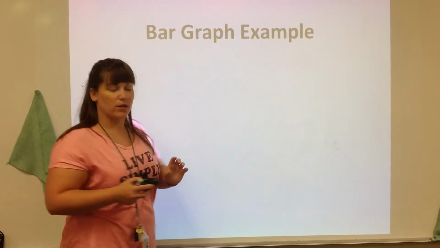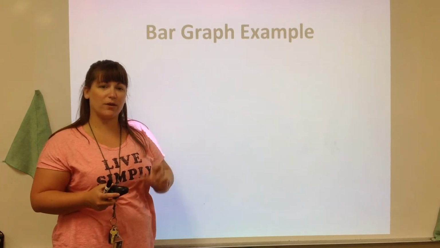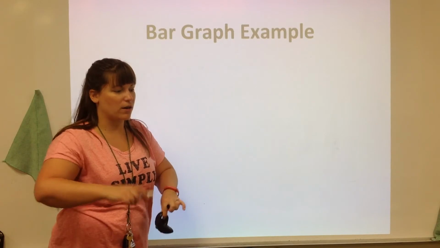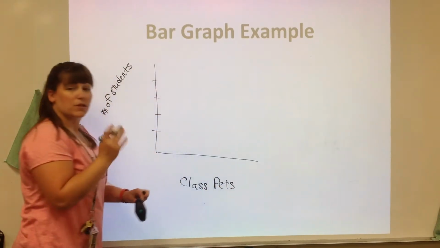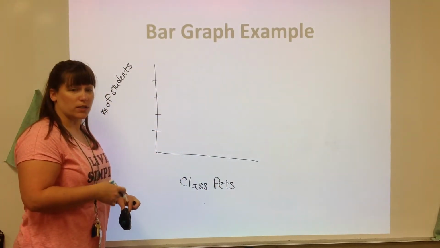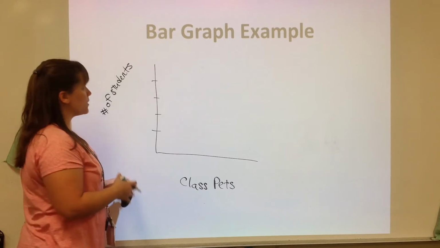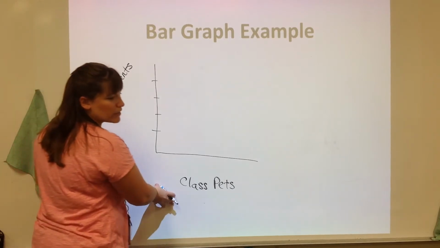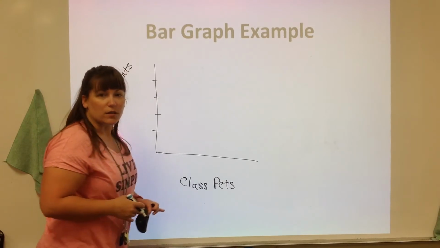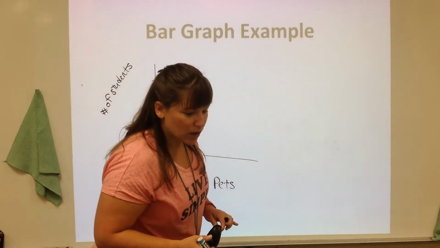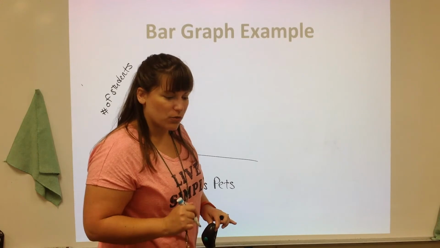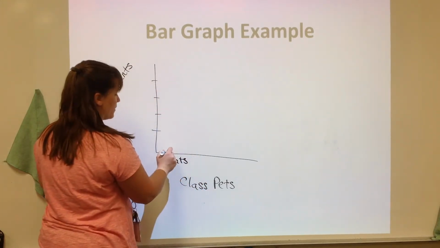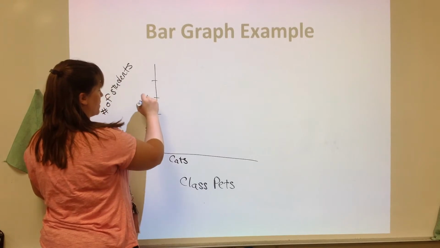Underneath your definition of a bar graph is the start of an example. What you have are class pets. So this is what your graph looks like. We're going to actually fill this in for a bar graph example. So we have number of students and we have class pets. You can pick the pets that you want. So the cats column, right above cats, you're going to have a scale here.